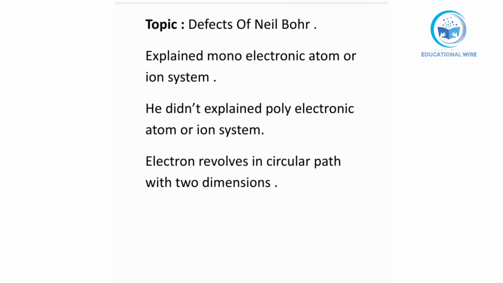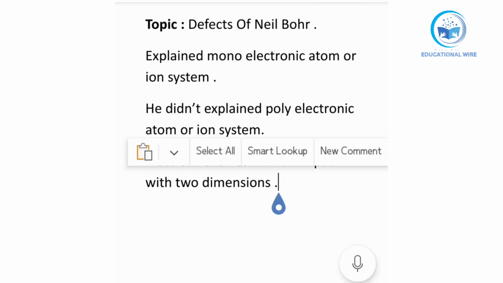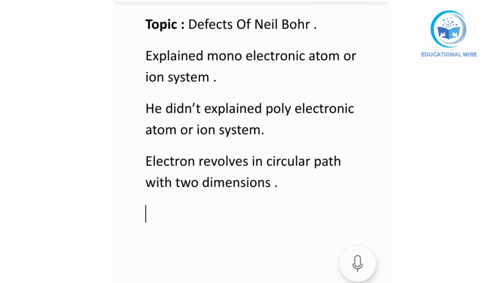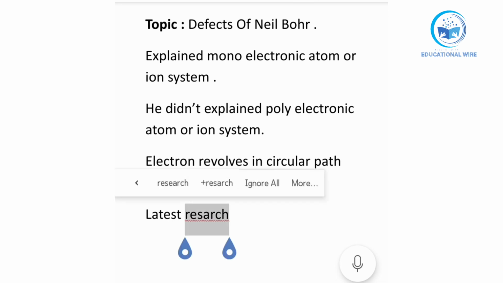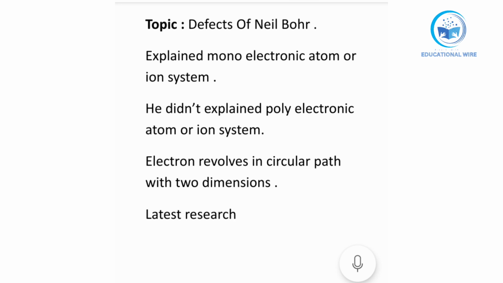But it was wrong. According to the latest research, he's right that the electron revolves in a circular path, but with three dimensions, not at all two dimensions.